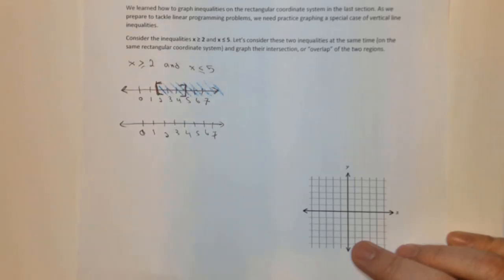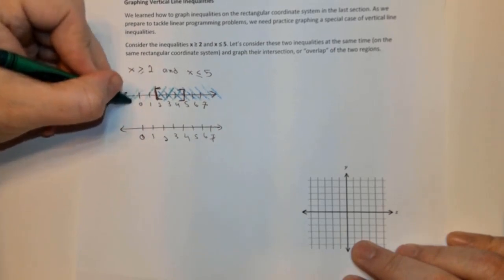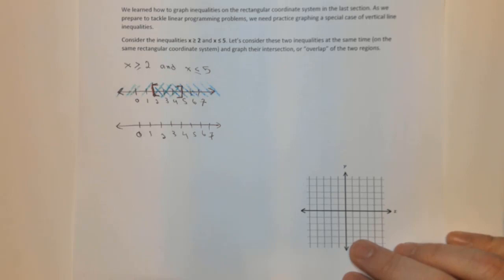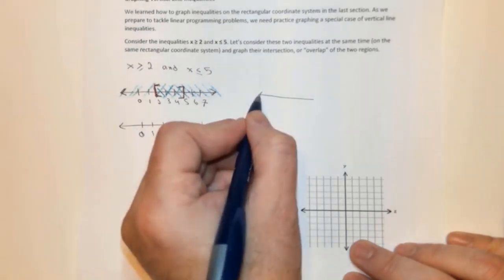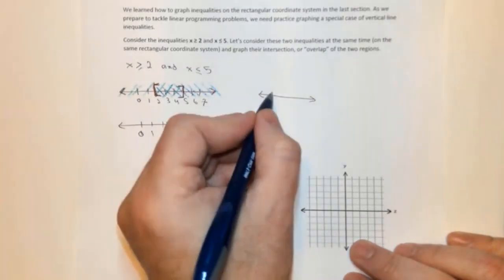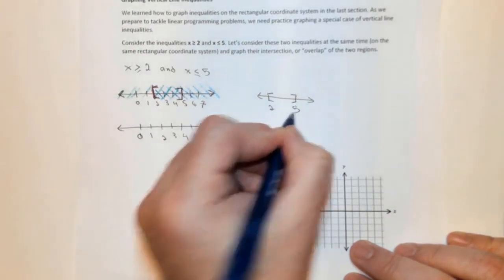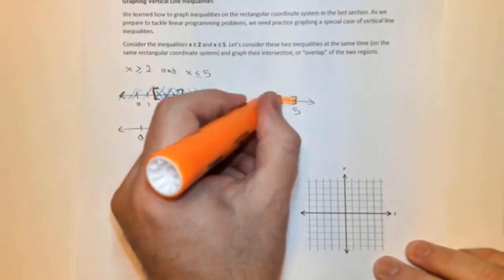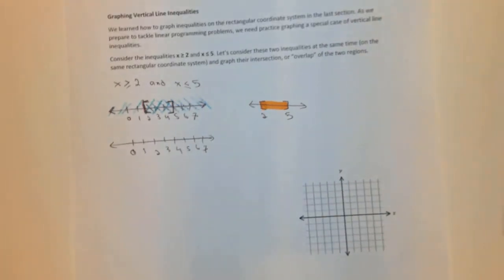If we use this bracket, I'm going to put my hash marks the other direction. So the answer is where they overlap. So the solution is between 2 and 5. That's the solution. That region, 2 to 5.